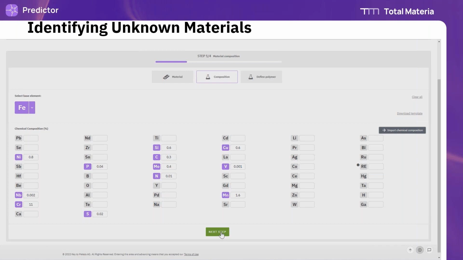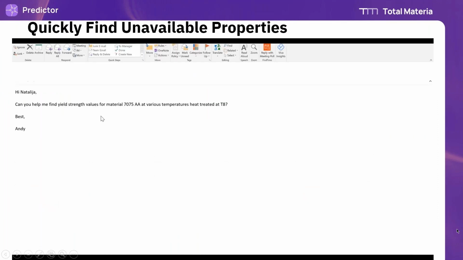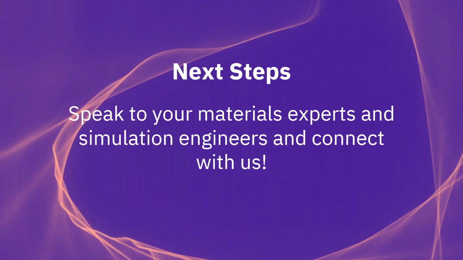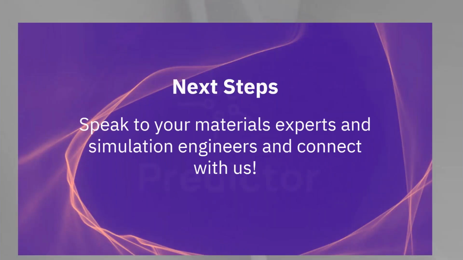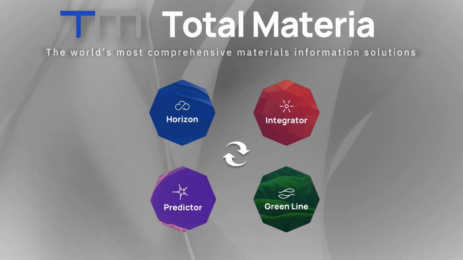Actually, it's a smart comp, it can define a material. We had this base, we had this knowledge, and now it's beyond that. Predictor can provide you so much more, and Mr. Gianni will tell you about the details and how actually you can use Predictor.